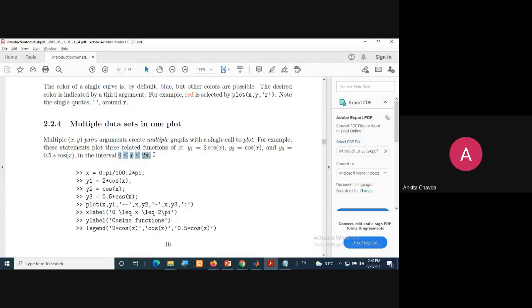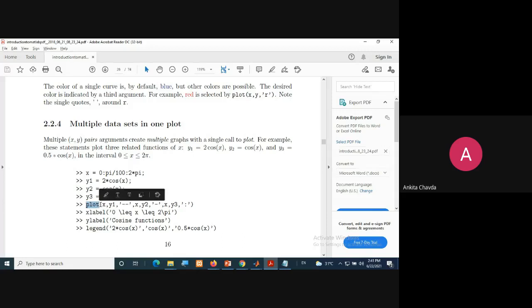So first, I'll make the value of x from 0 to 2 pi, for this interval. For that interval, y1 is 2 times cos x, y2 is only cos x, and y3 is 0.5 times cos x. And we are plotting all of this together.